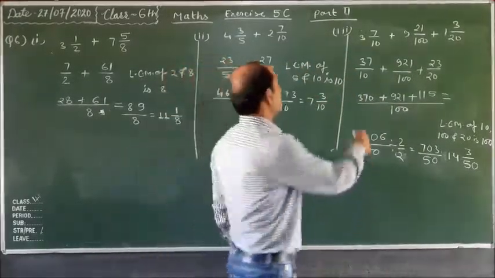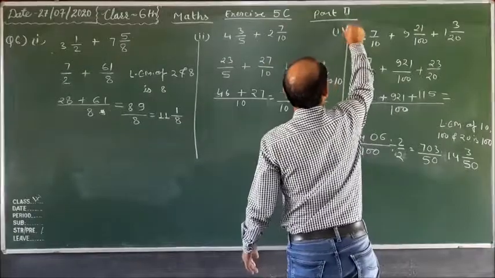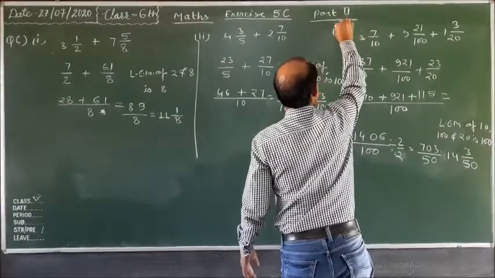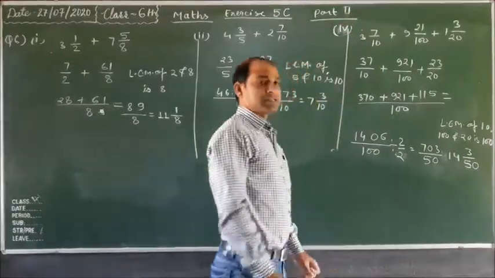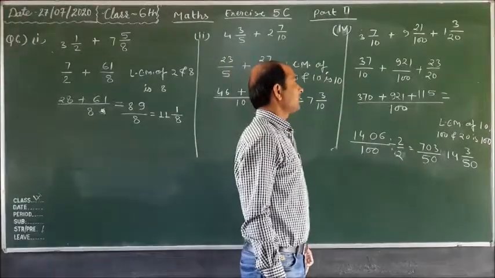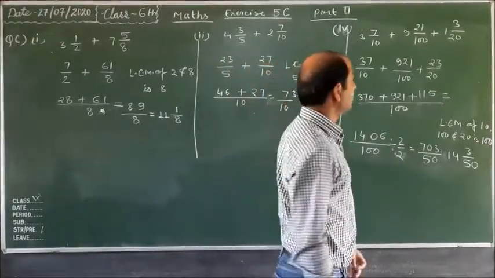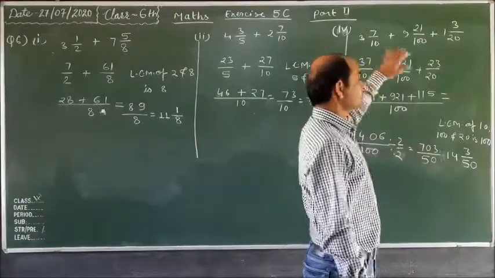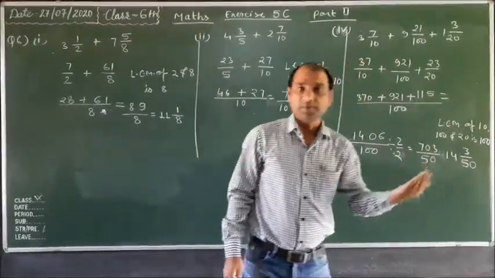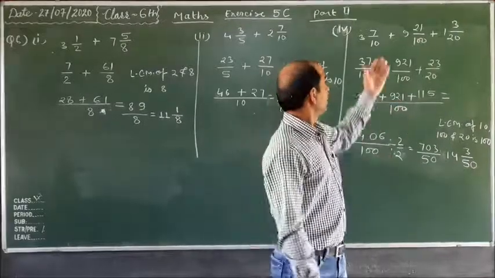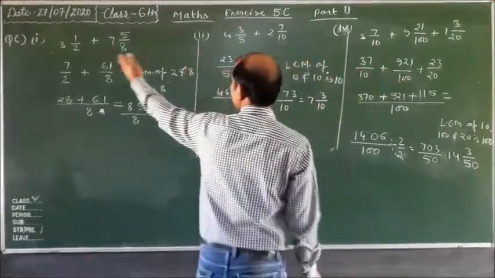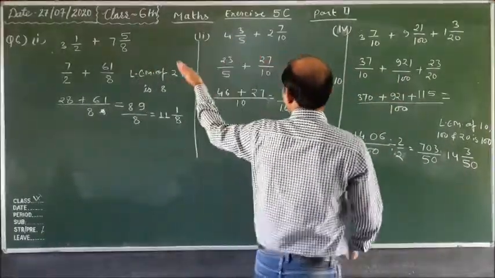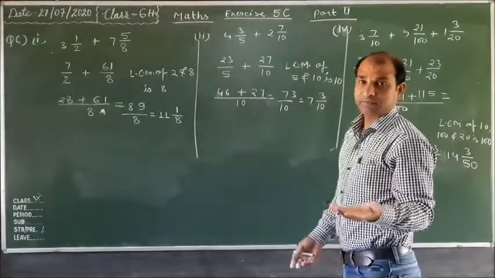Now the question number 4. Dear children, this is the question number 4. Now 3 over 7 upon 10 plus 9 over 21 upon 100 plus 1 over 3 upon 20. First we change the mixed fractions to improper fractions. Dear children, I told you how we change to the improper fraction.